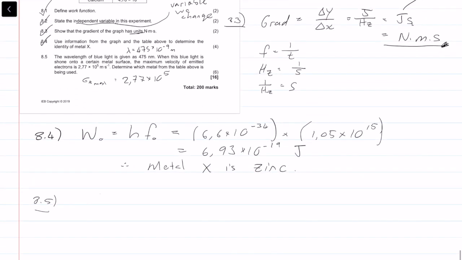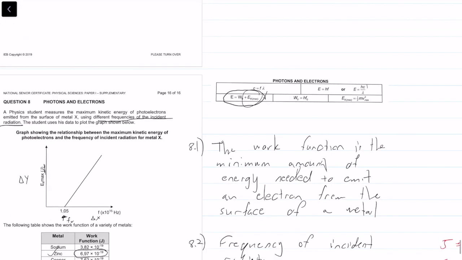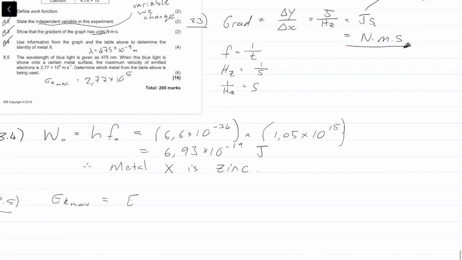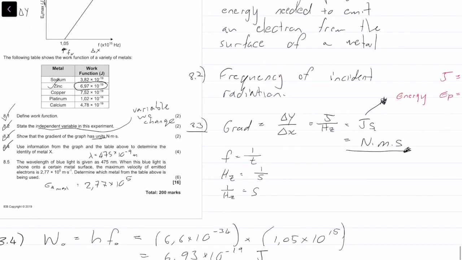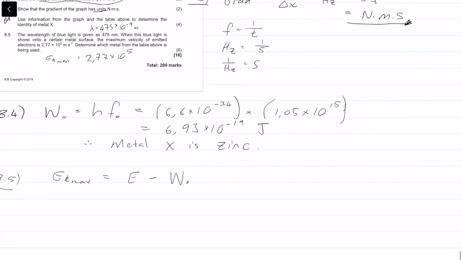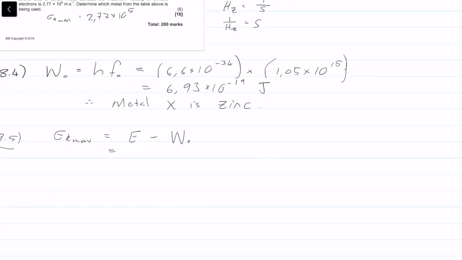So EK max is equal to E minus the work function, W naught. E is equal to hf, so EK max is hf minus the work function. EK max is half mass times velocity squared. We know the mass of an electron, we know the velocity, and we know the value of h.